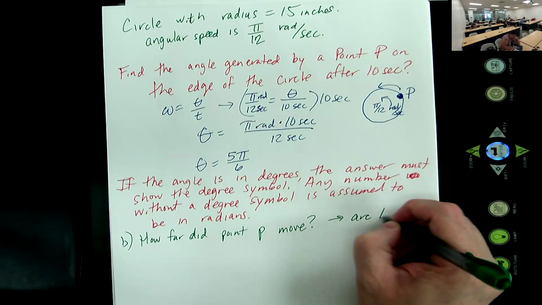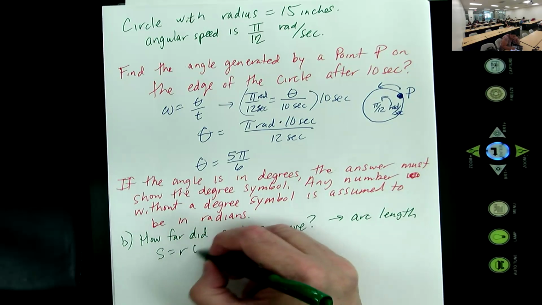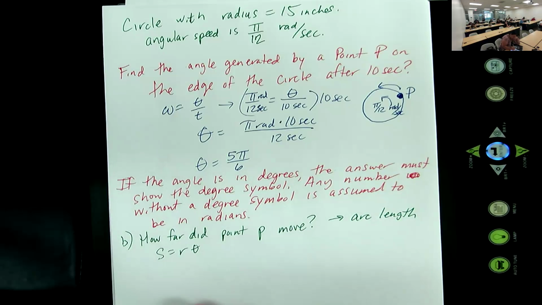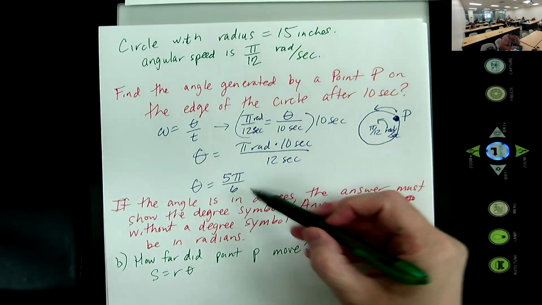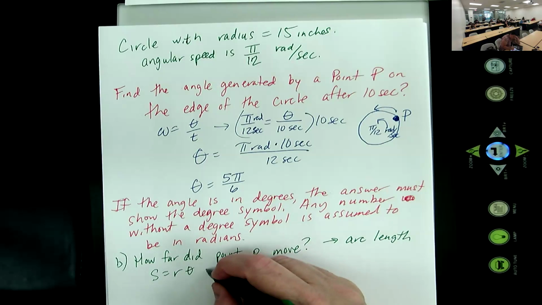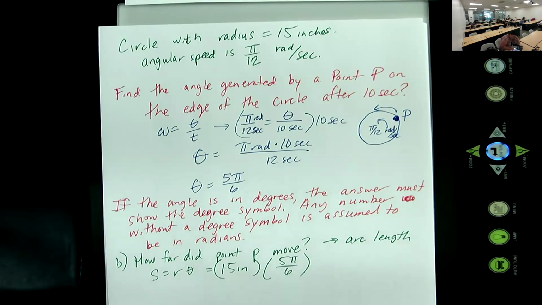We want the arc length, which means we want S. S equals R theta. Radius was given as 15, and we just calculated theta. 15 inches times 5 pi over 6.